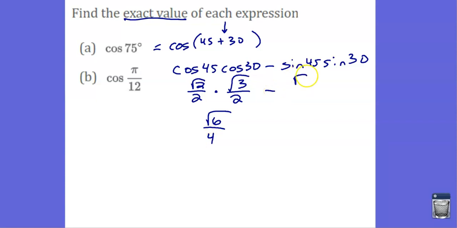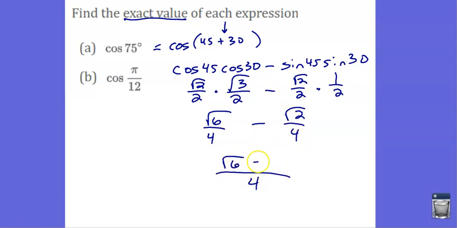Sine of 45 is square root of 2 over 2, and the sine of 30 degrees is 1/2, so this gives us the square root of 2 over 4. Now they have a common denominator, so the square root of 6 minus the square root of 2, all over 4. That's my exact answer for the cosine of 75.